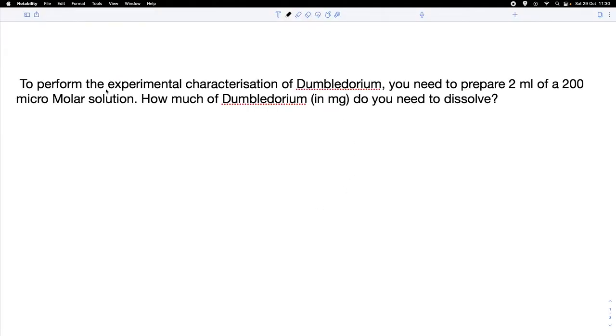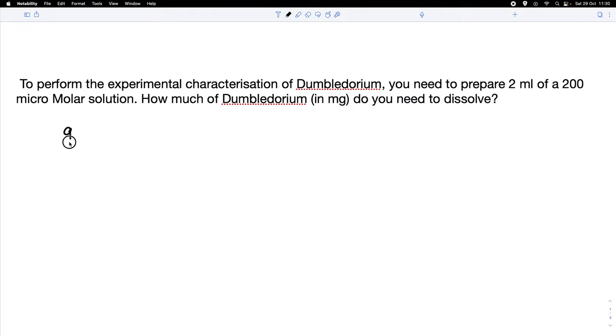Okay, then we perform an experiment with this Dumbledorium, and for that we need to prepare 2 milliliters of a 200 micromolar solution. And the question is, how much of this Dumbledorium do we need to weigh in? So let's do the calculation in gram first and then convert it to milligrams.